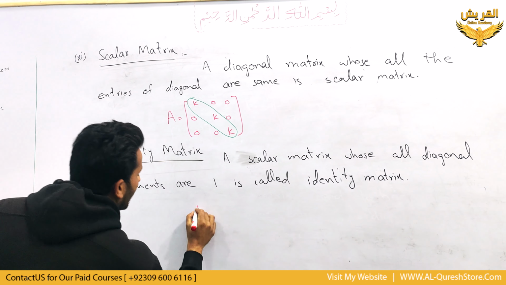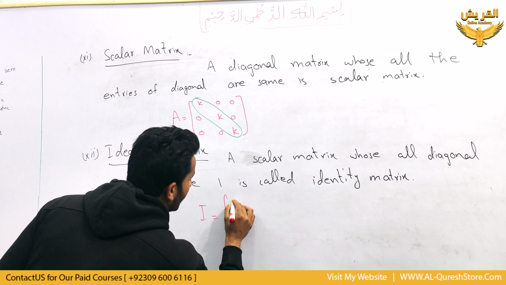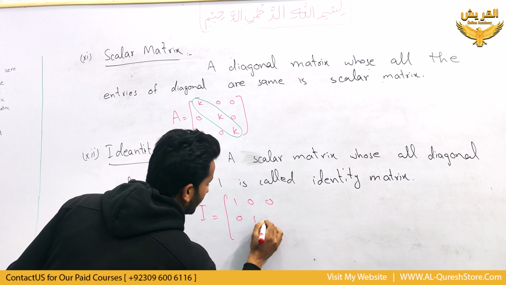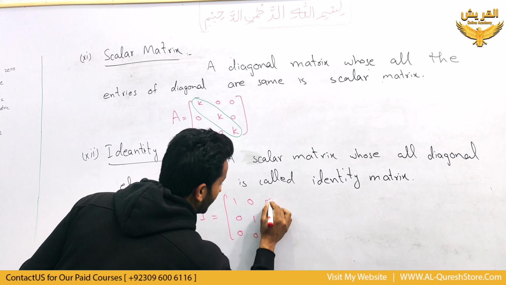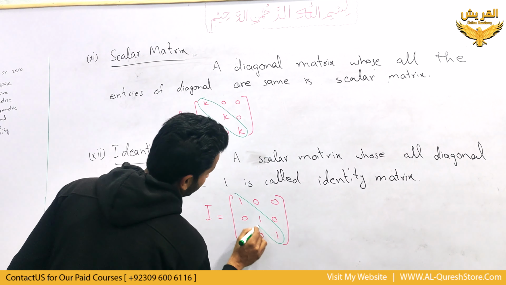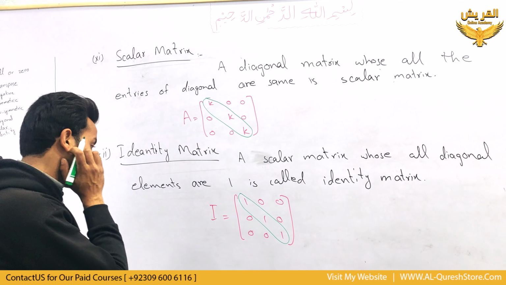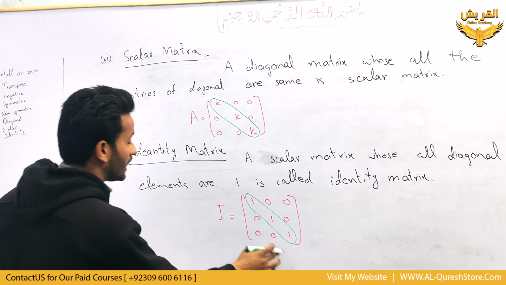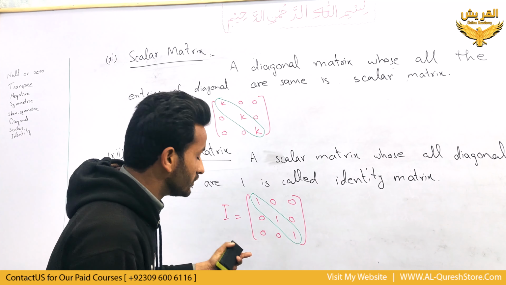For example, I is equal to 1, 0, 0, 0, 1, 0, 0, 0, 1. So all the diagonal elements are 1, and it is a scalar matrix whose diagonal elements are all the same and all other elements are 0.